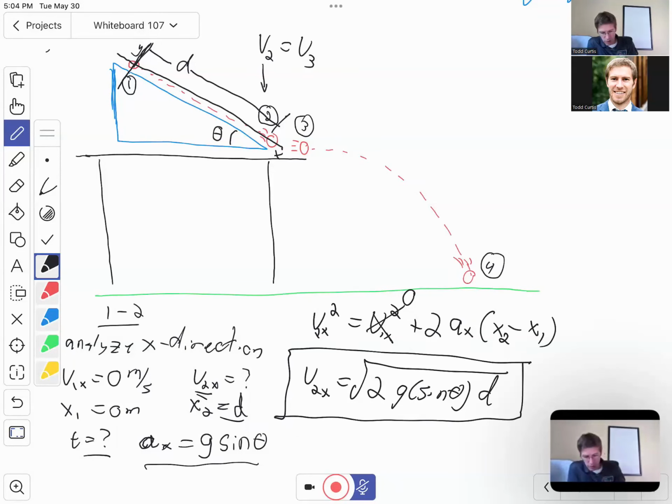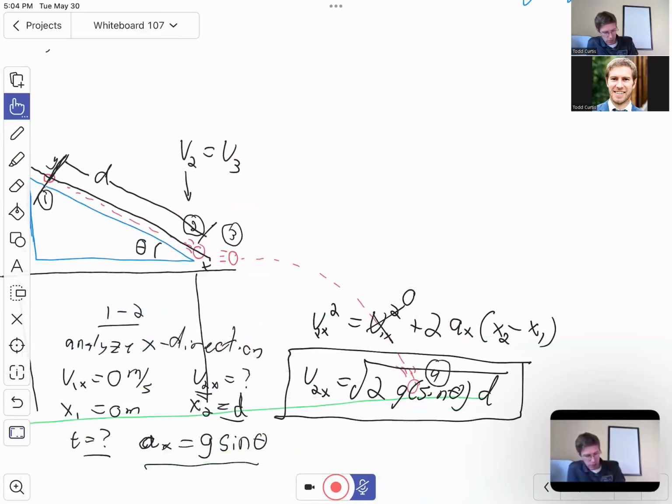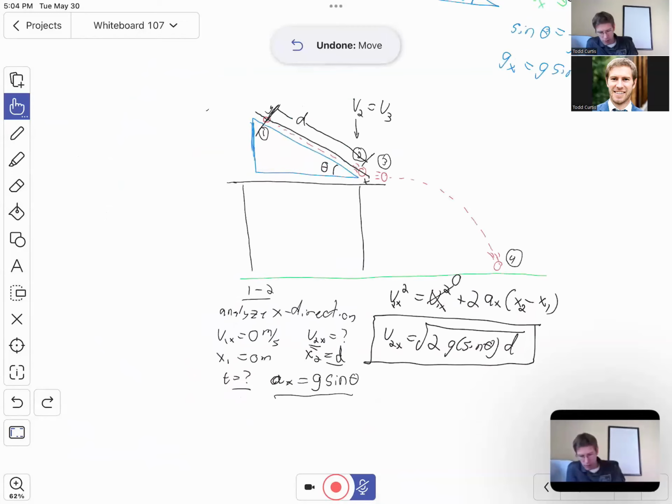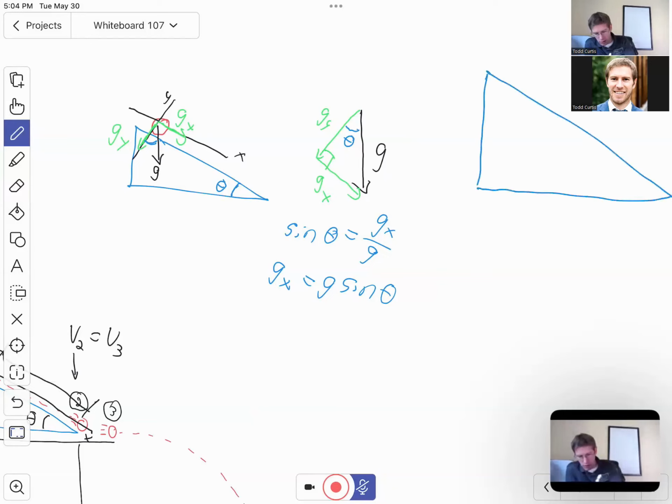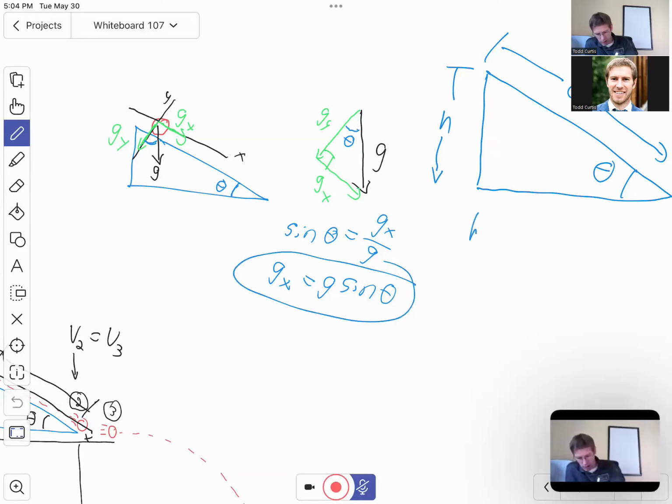Or there's actually one more pro tip I can show you just for fun. We go back up here to our triangle. Let's just draw it again because that picture is getting crowded. We draw our ramp. One other thing that you can do is if we call d the distance down the ramp, and if we call the height of the ramp h, and if we know this angle is theta, in the same way that gx was g sine theta, h is just equal to d sine theta.